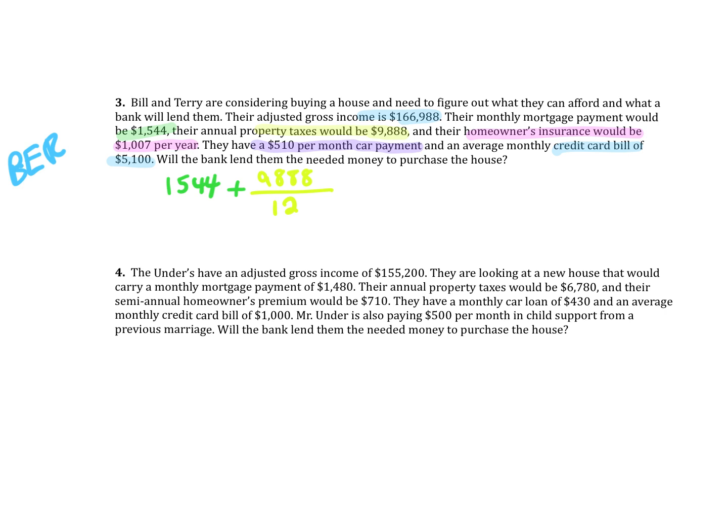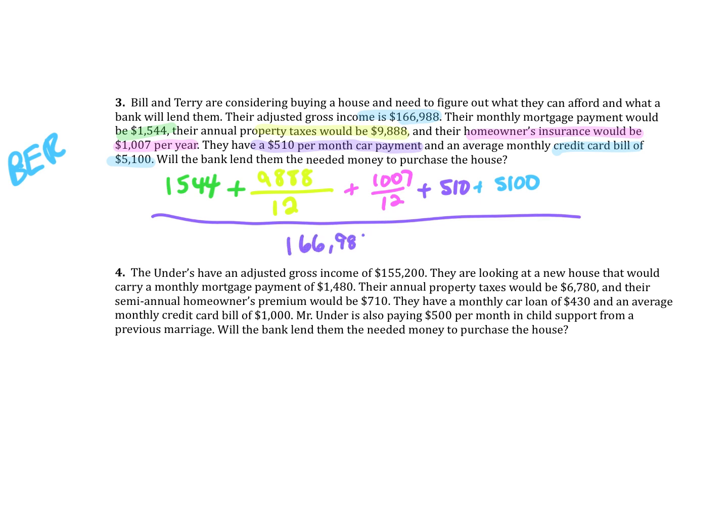Homeowner's insurance plus 1007 divided by 12 plus 510, that's already monthly payment as they say, plus this 5100. So then we have all of that over the 166988 divided by 12.